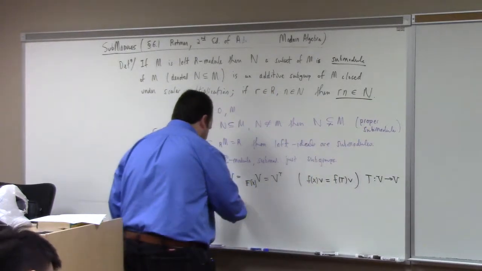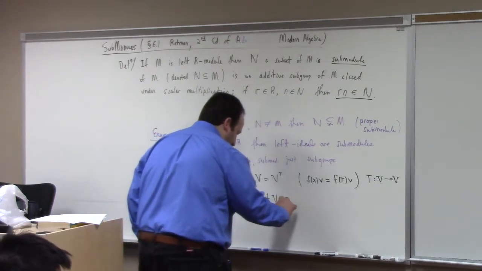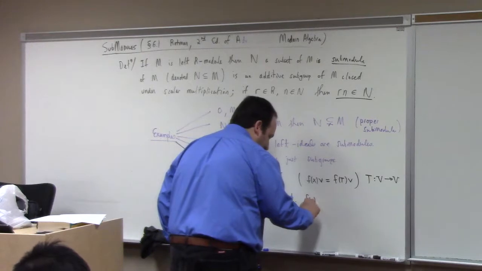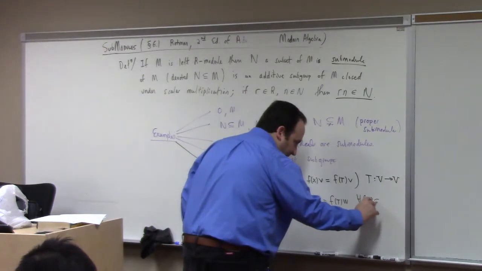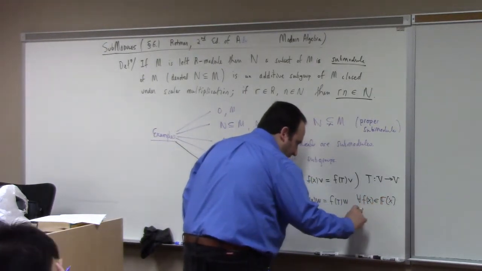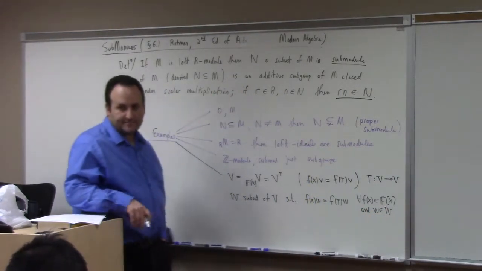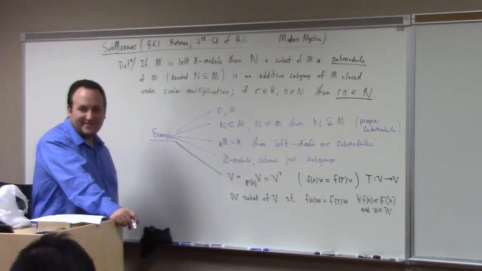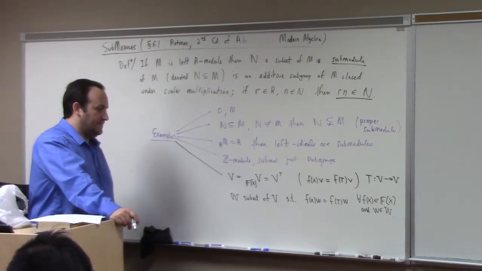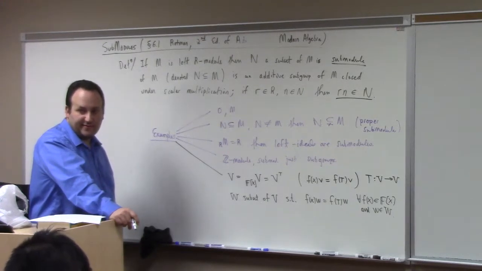So if W is a subset of V such that f of x times w equals f of T times w, for all f of x in the polynomial ring over the field, and w in big W. So anyway, one of your homework exercises is to prove, and I've almost done it here, that the submodules of this V upper T module are the so-called invariant subspaces, right?